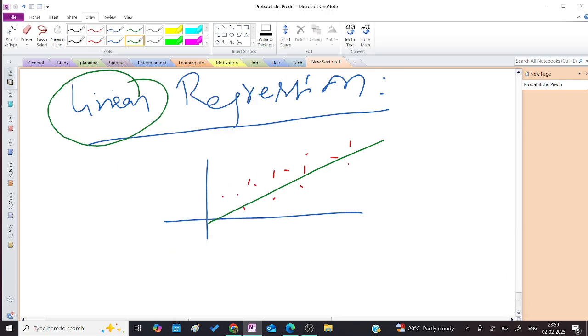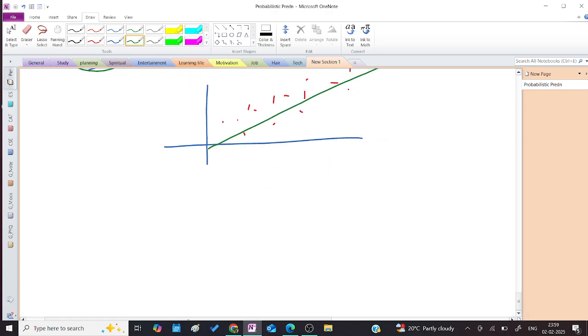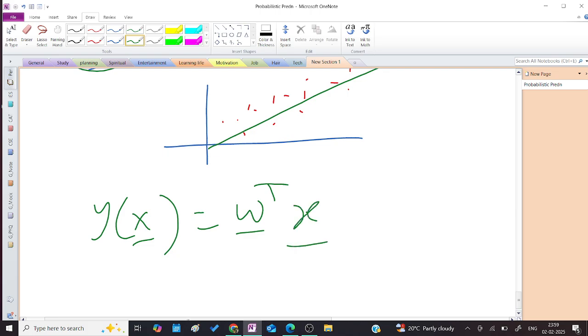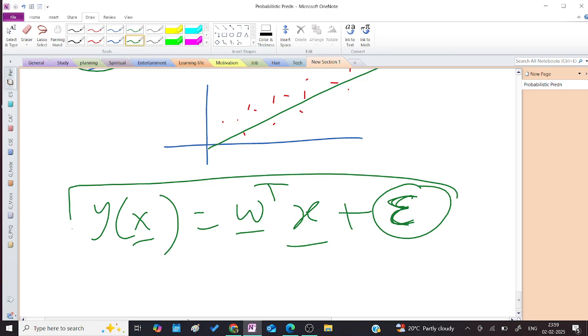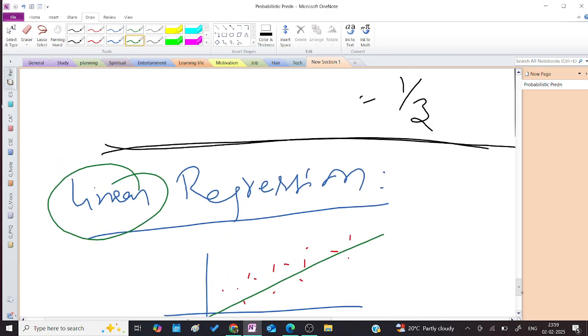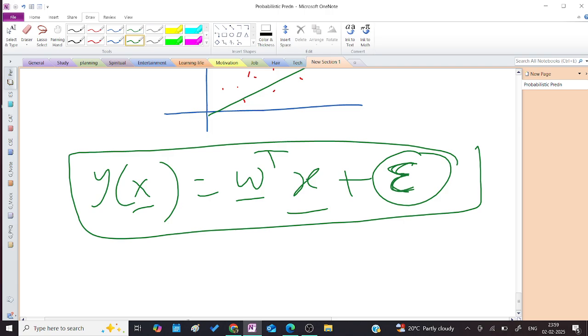And by linear we mean the output depends linearly on the input, right? So y(x) equals w transpose x plus e. This will be the formula for linear regression, right? w are weights, x is the point, and e is error.